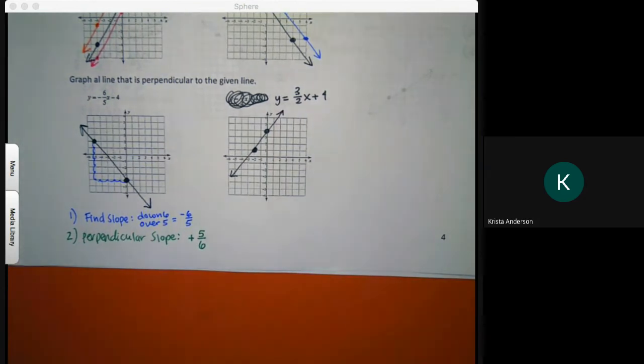How did I get the perpendicular slope? How did I go from negative 6 over 5 to positive 5 over 6?